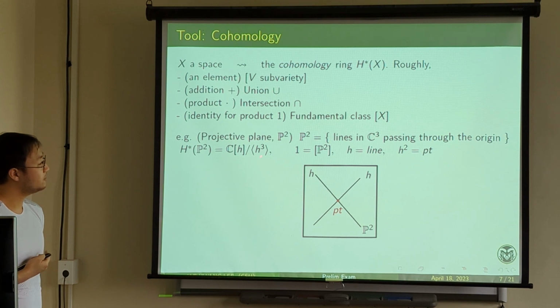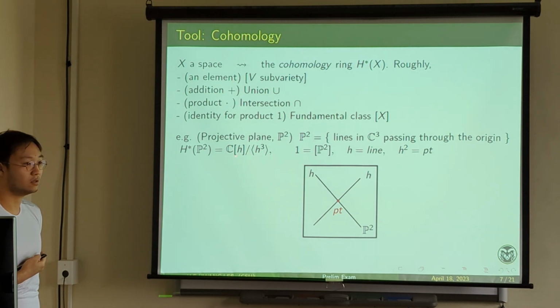So basically, if you pick a general polynomial here, it'll be represented by polynomials of degree 2, and especially the monomial of degree 0, which is 1. This represents the fundamental class, the class of the whole variety.